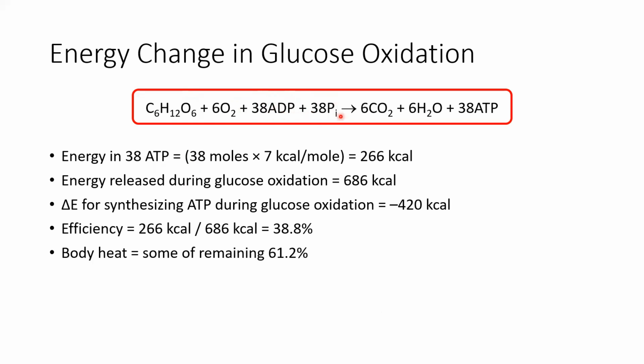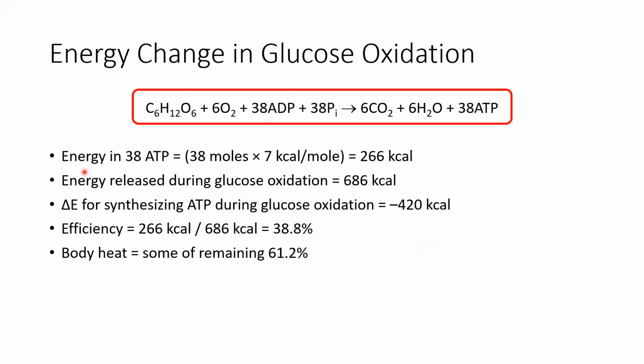And we're also going to require 38 phosphates in order to phosphorylate 38 ADP. On the other end of our equation, we make 38 molecules of ATP, and we free up 6 molecules of carbon dioxide and 6 molecules of water as a byproduct to this process.